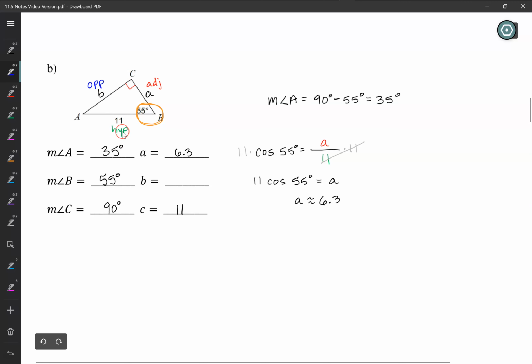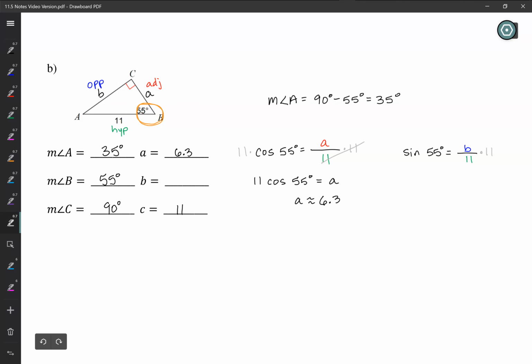Opposite, hypotenuse, so sine. So the sine of 55 degrees equals opposite, B, over hypotenuse, 11.